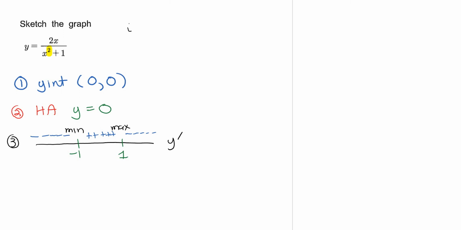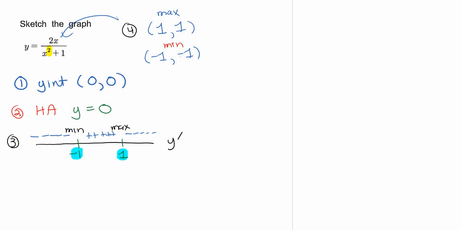So my fourth step here is let's go ahead and find the actual coordinates when x equals 1 and -1 by plugging those numbers back into the original. If I do that, I would get (1, 1), so that's a max here. And for -1, I would get -1, and this is my minimum point here.